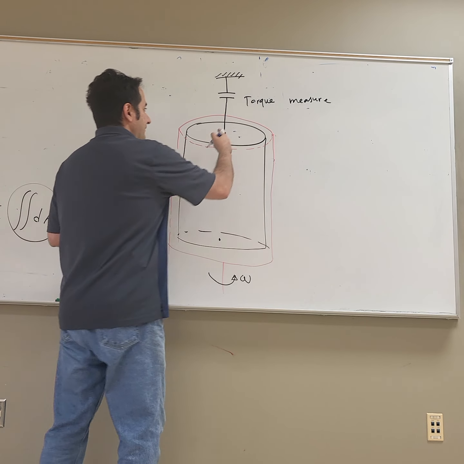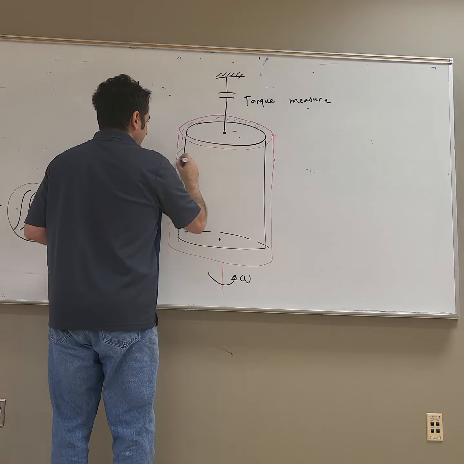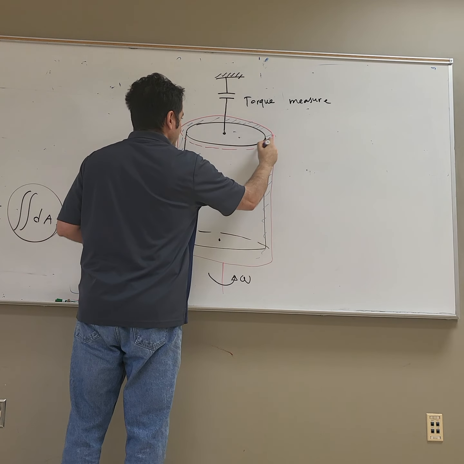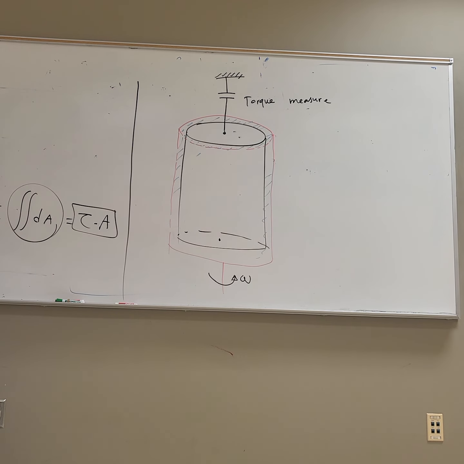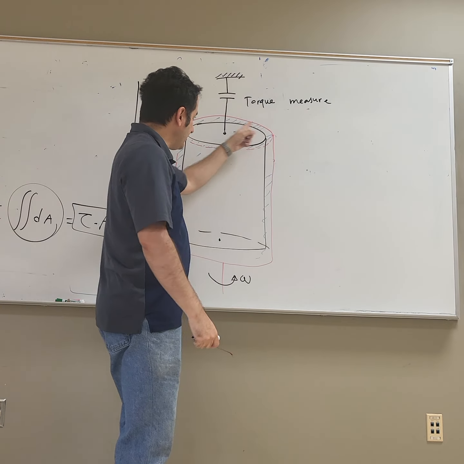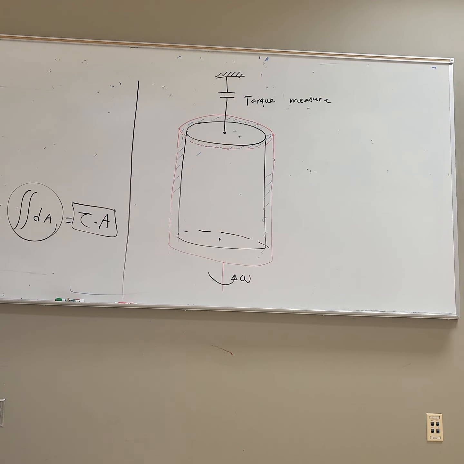Let's say I have some fluid here, now filled between these two. So everywhere between these two is filled with fluid. Do you see that? And I want to find a relation between the torque and the viscosity of that fluid. How can I do that?